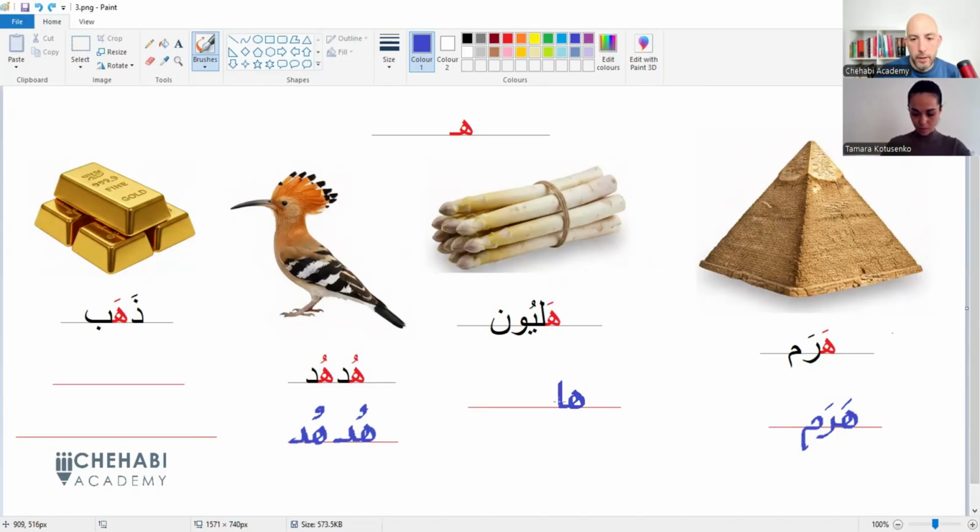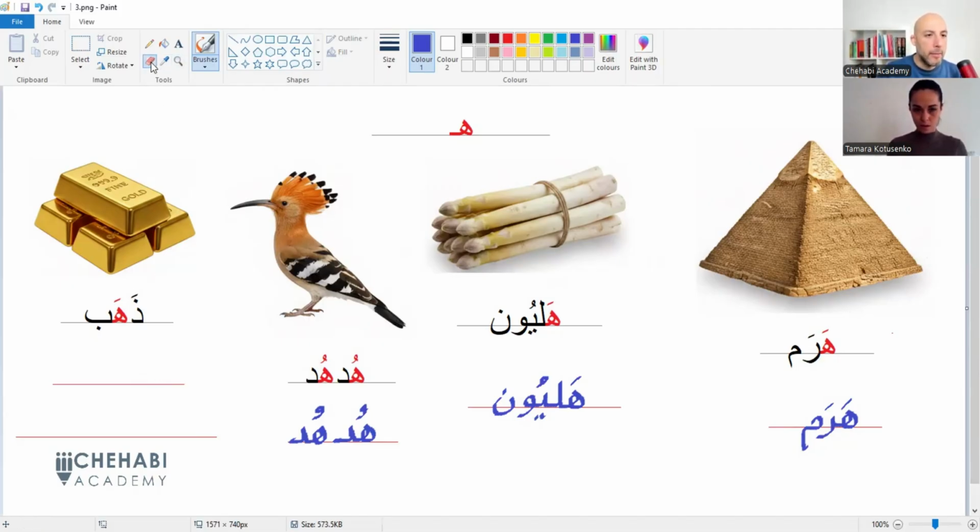Ha, lam, ya, wow. Wow does not join. And then noon. Dots, and then the short vowels. You also can put the anticipation of the wow on the ya, which is the dhamma. Halyun.